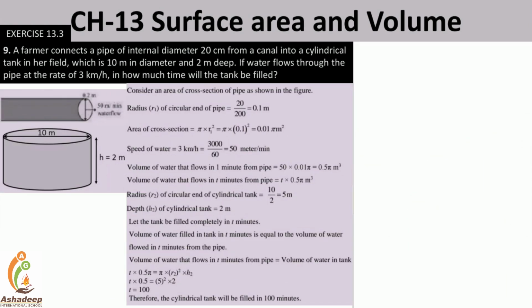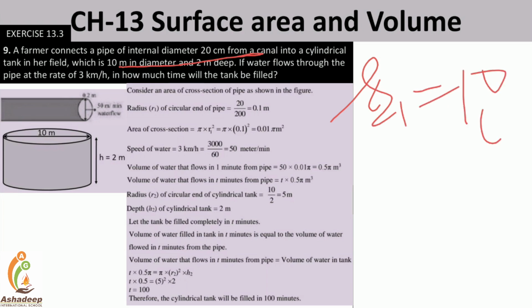Okay, now let's move ahead with another sum. This is a very important sum. A farmer connects a pipe of internal diameter 20 centimeters. The pipe is in the shape of a cylinder, so R1 is 10 centimeters, into a cylindrical tank with 10-meter diameter.